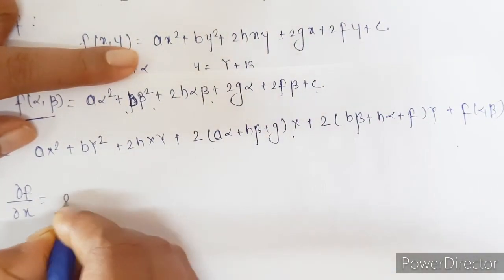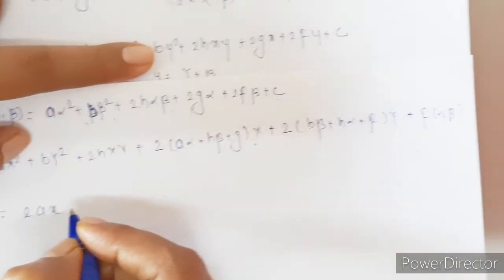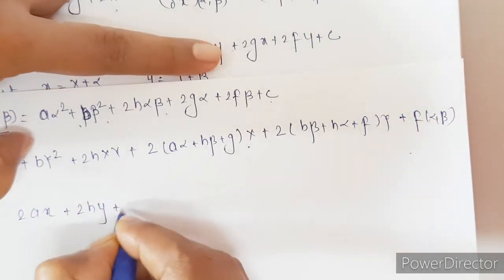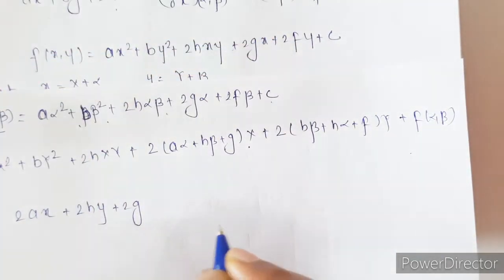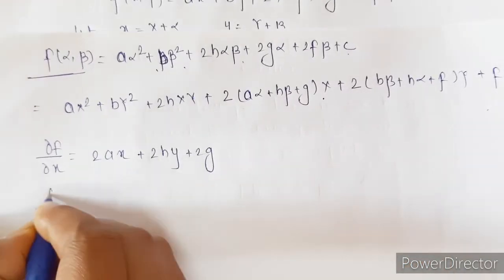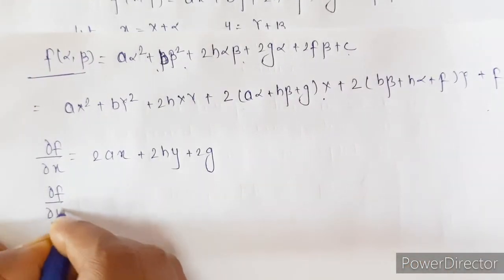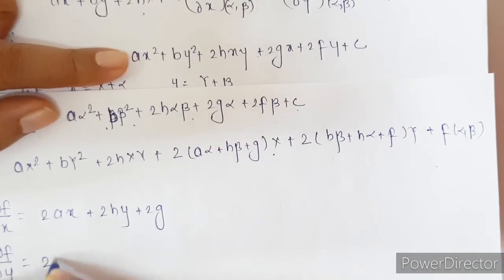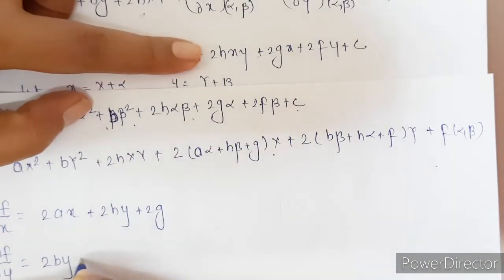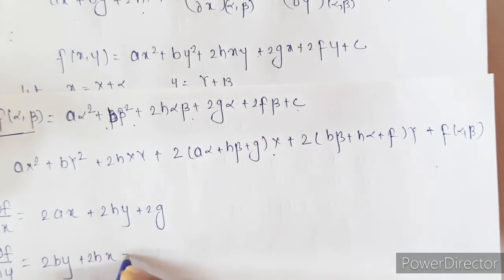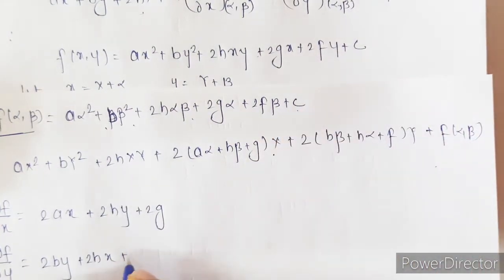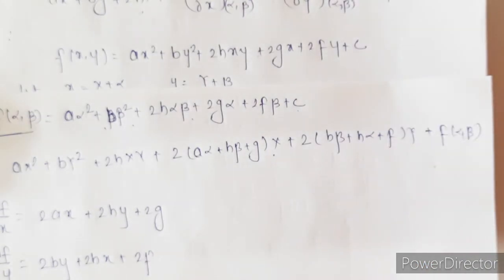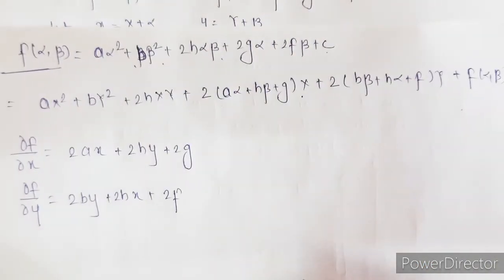So this will be 2 times ax, 0, 2 times hy and 2 times g. Remaining terms will be 0. Similarly, if I go for ∂y, first term will be 0, next term will be 2by, next term will be 2hx, and then we have 2f. Remaining this c and 2gx will be 0.